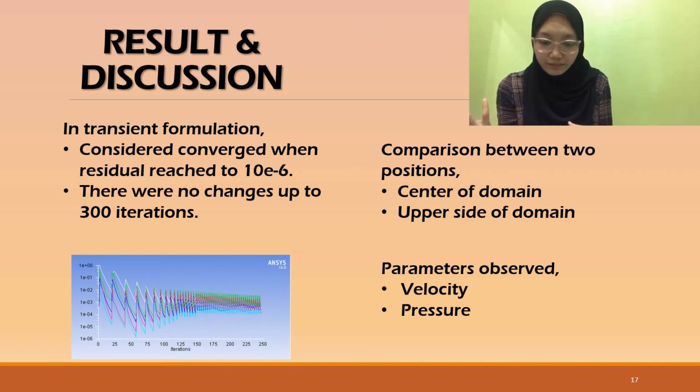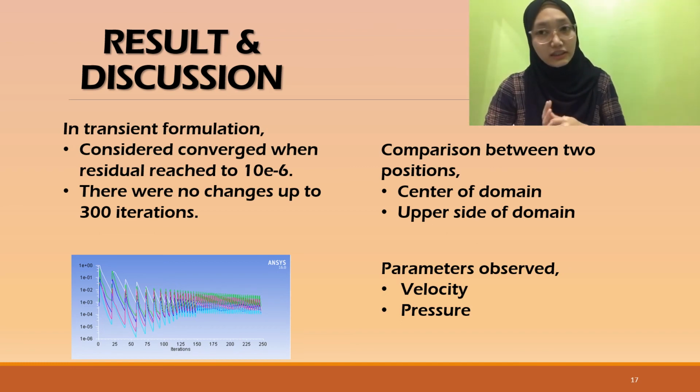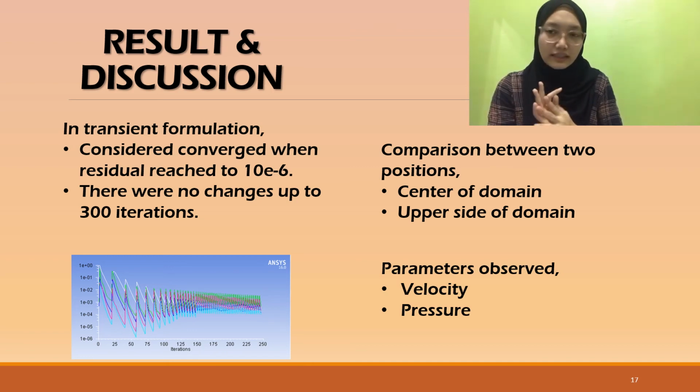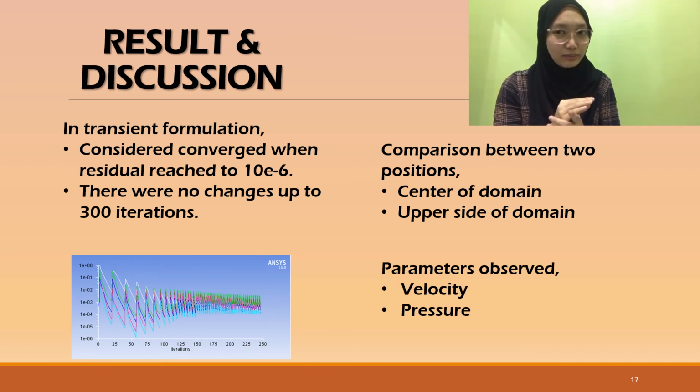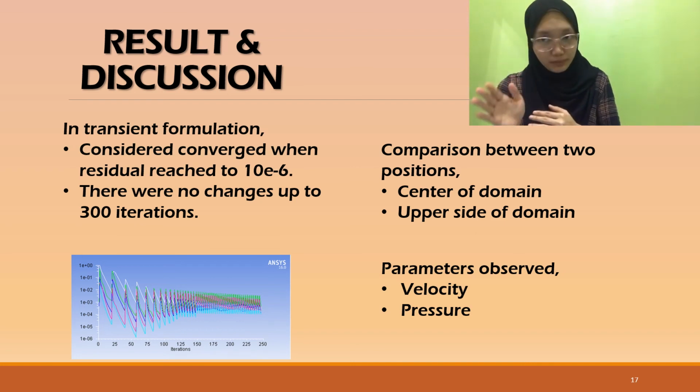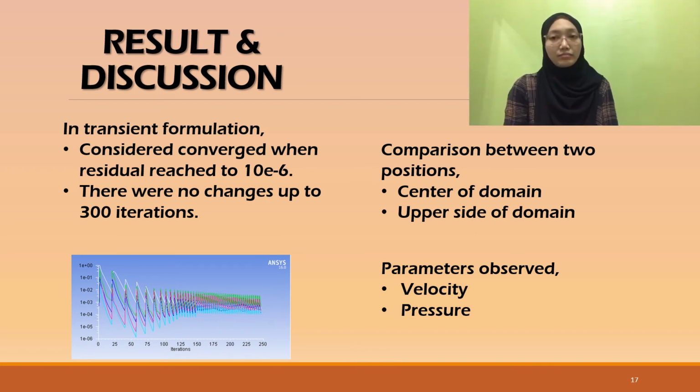Other than that, when there were no changes up to 300 iterations, it is considered converged. In this discussion, there will be a little explanation between two positions, which are the center position and the upper position. Besides that, the related parameters of the generated results were velocity and pressure.